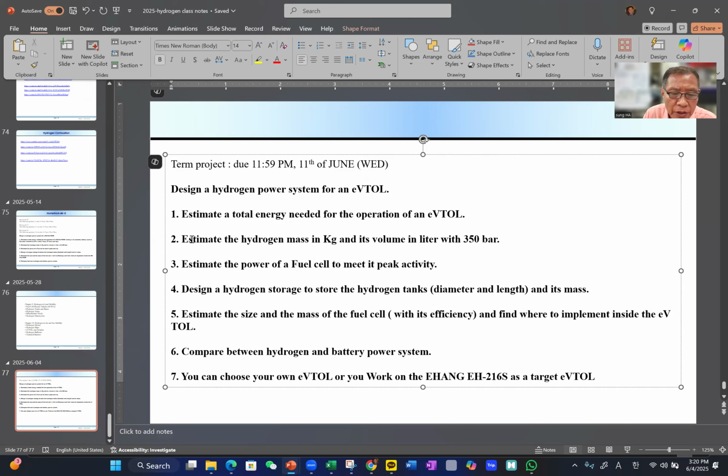And also we need to estimate the hydrogen mass in kilograms. Because we already defined the total energies, now we need to define the hydrogen mass in kilograms, and also volume. And then estimate the power of a fuel cell.